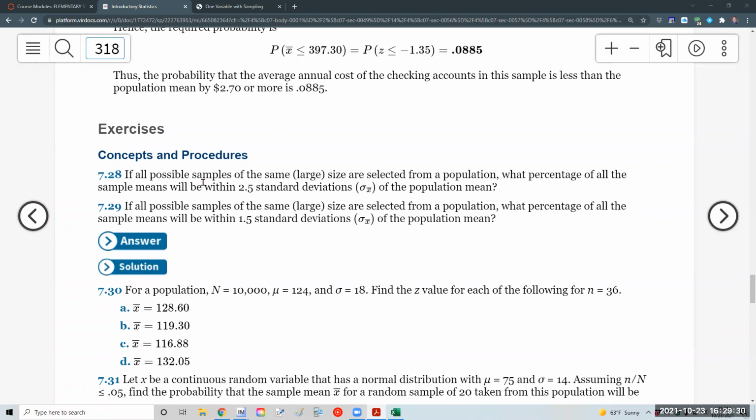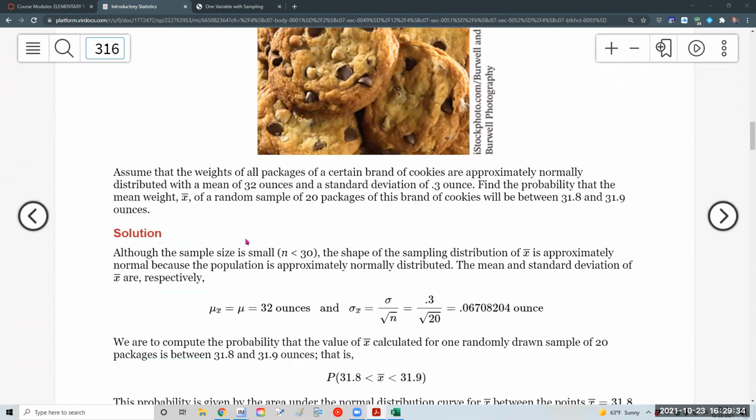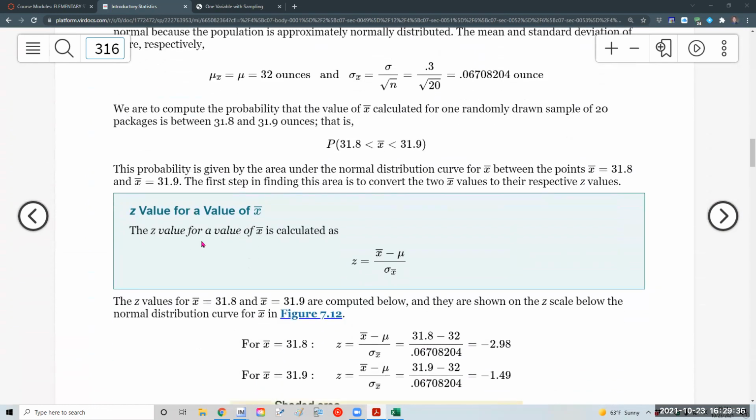The other thing we're going to need for these 2 questions is the z-score of a particular value of x bar. Remember, the sampling distribution of x bar is the entire collection, a list of all of the possible sample means x bar.